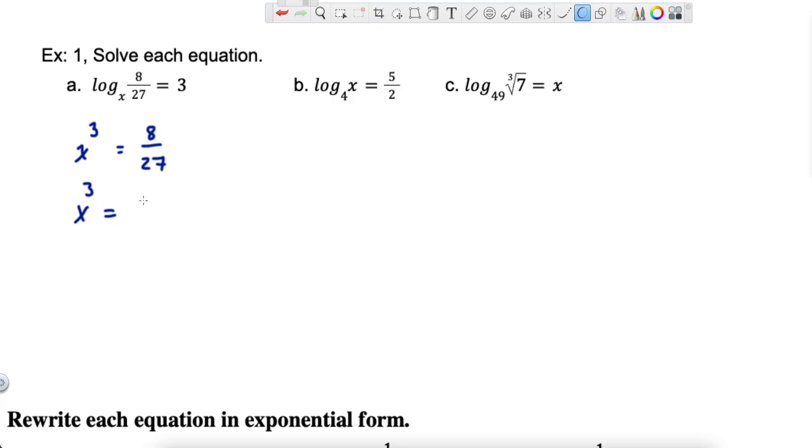So I can rewrite 8 over 27 as 2/3 to the third power. Okay, so 2 cubed is 8 and 3 cubed is 27. So we can rewrite this as 2/3 to the third. And then now, since the exponents are the same, I know that x is 2/3.